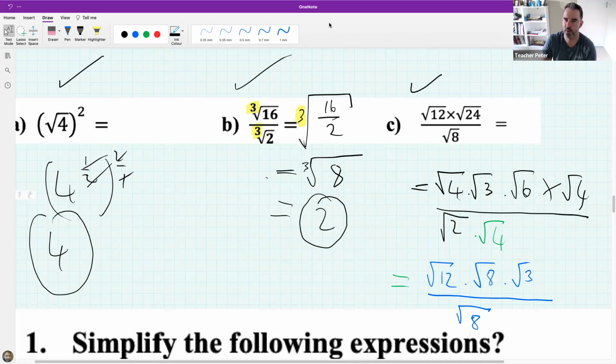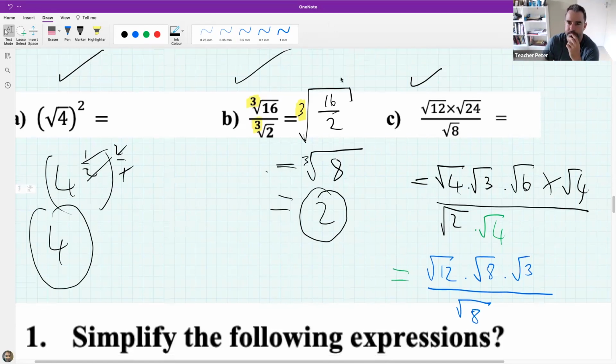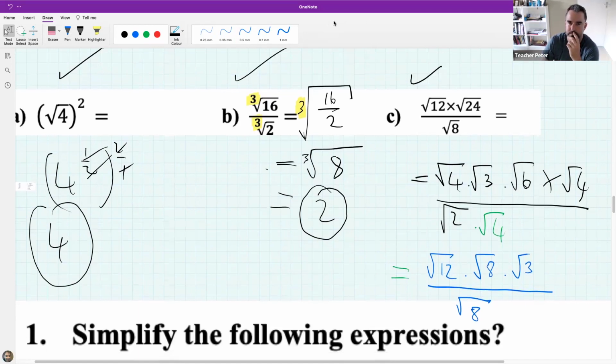Who thinks they know why I'm being sneaky clever by doing it like the blue way? It's still the same thing, but what's lovely, yes, Stephen, let's go to you. What do you think is quicker about the blue way?